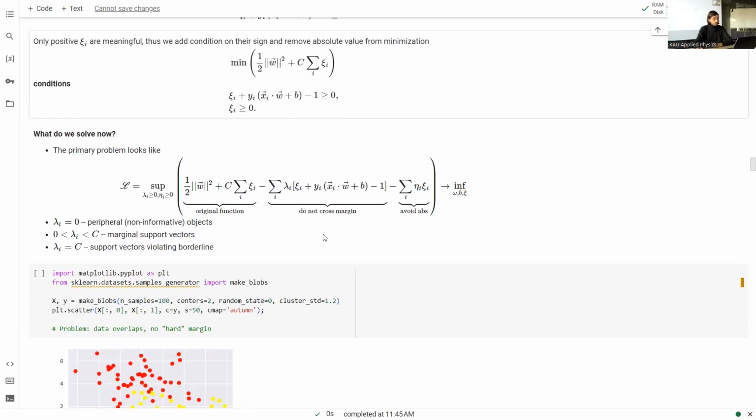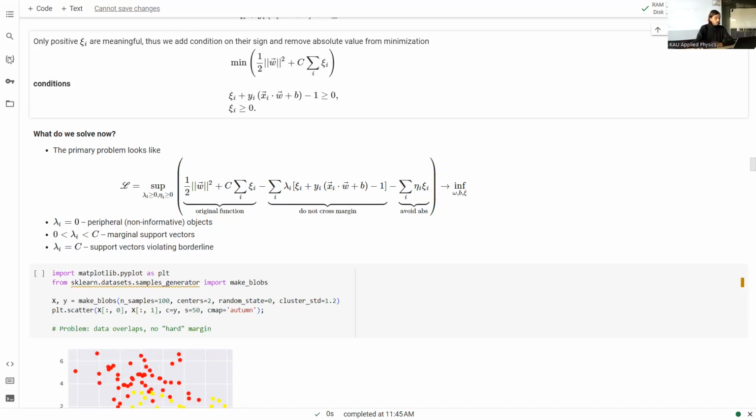This means that this supremum, it basically makes what? The parts where the conditions are fulfilled are left as they are. So I'm just minimizing the initial function that I had, this one. But the parts where my conditions are wrong, where they are not fulfilled, my Lagrangian explodes and I get plus infinity.